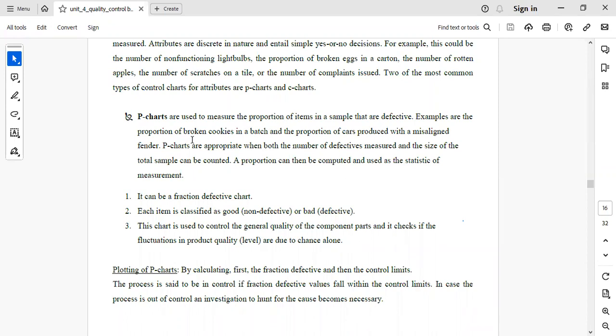So the proportion of broken cookies in a batch, the proportion of cars produced with a misaligned fender, and so forth. So once you're able to determine the number of defectives, maybe from a sample that you have, then you can apply the P chart to demonstrate or to illustrate whether the process is out of control or under control.